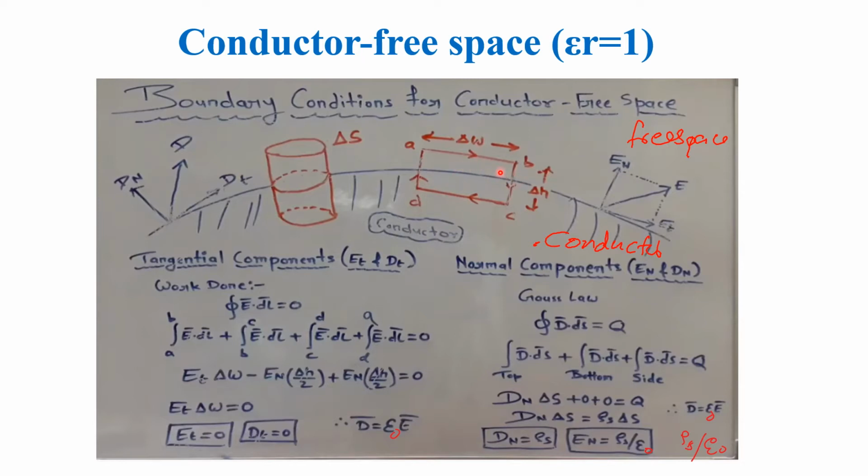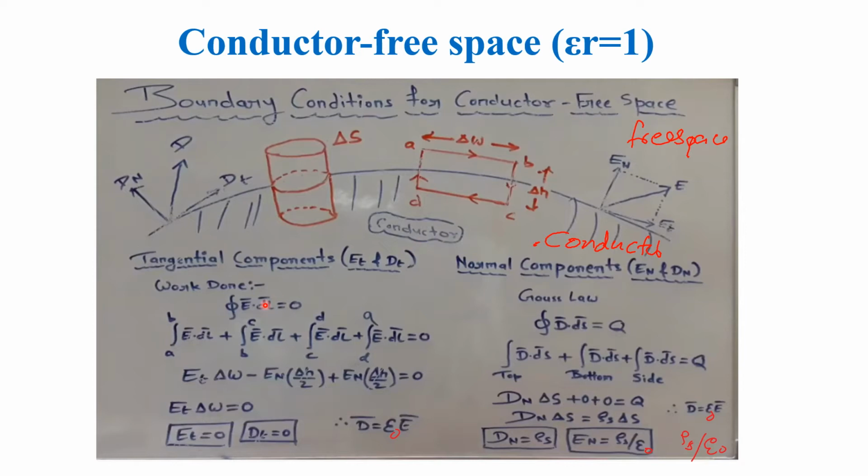Delta W is the width of this loop that we selected, and delta H is the height of the loop. Delta H is very close to zero because we are discussing the boundary. It is not exactly zero, but a very, very small value.